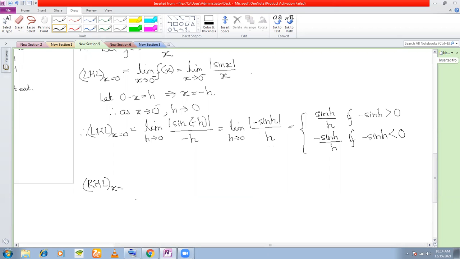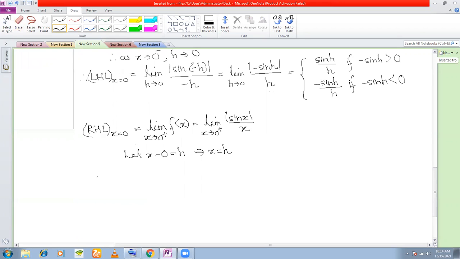Right hand limit at x is equal to 0 is equal to the limit as x tends to 0 plus of f(x), which is the limit as x tends to 0 plus of mod sin x by x. Now how do you evaluate the limit? Let x minus 0 is equal to h, or we say let x is equal to h. Therefore, as x tends to 0 plus, h must tend to 0.